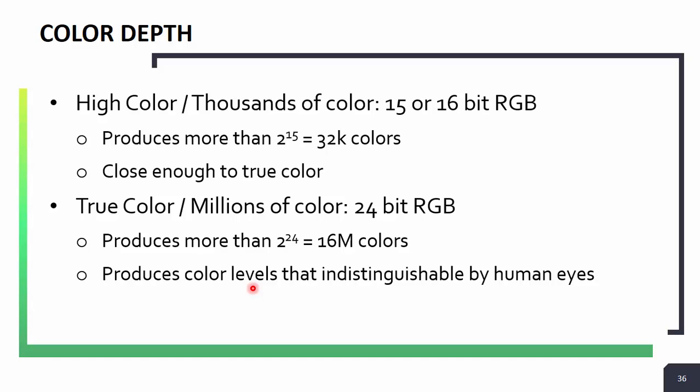If there are two colors that have only one bit different from each other, that one bit difference will not be distinguished by human eyes. That is for true color. Most color systems nowadays are using 24-bit or millions of colors or true color.